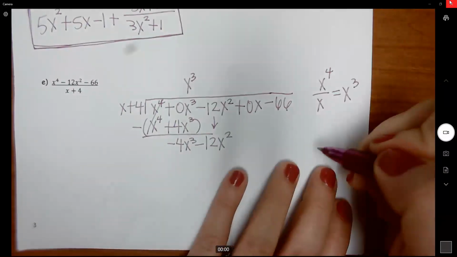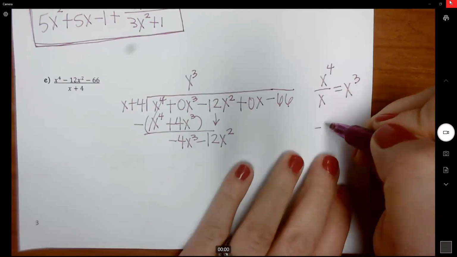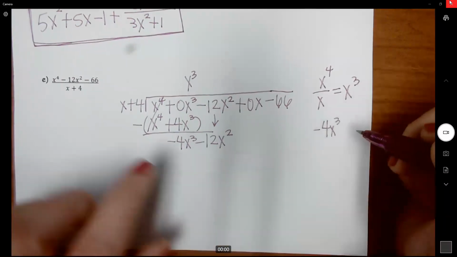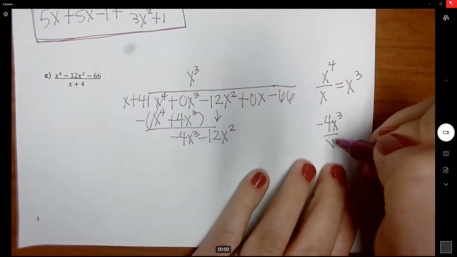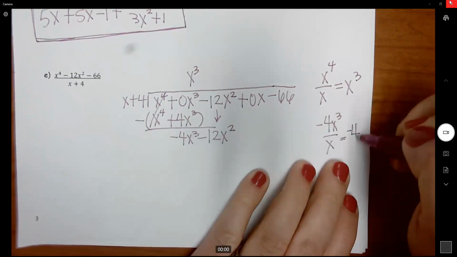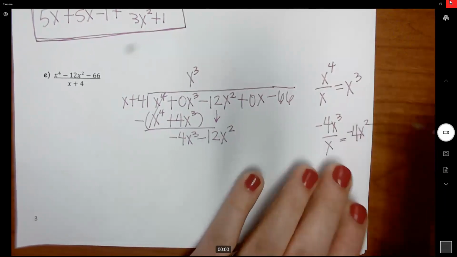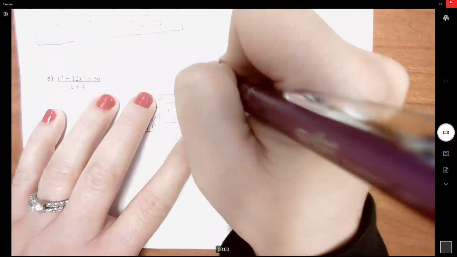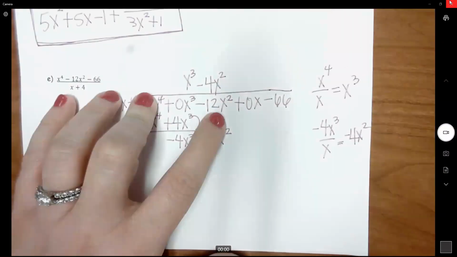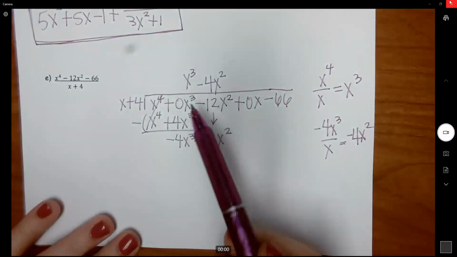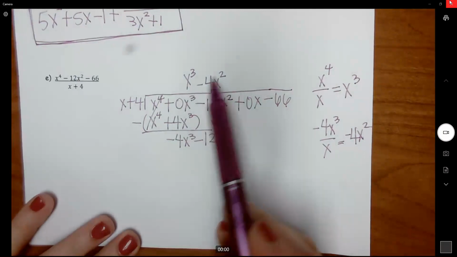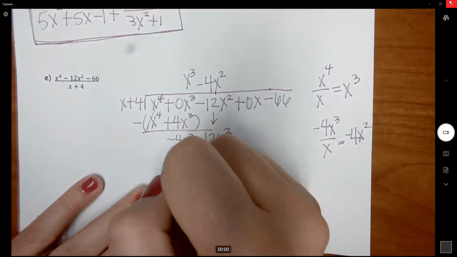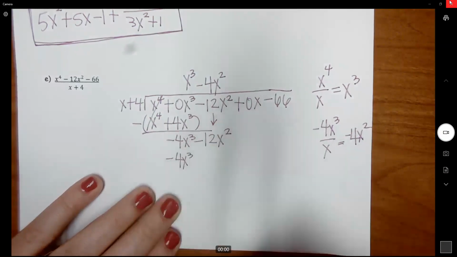and repeat. First term divided by first term. That's going to give me negative 4x squared. I'm going to put that above my x squareds here and distribute. Negative 4x squared times x is negative 4x cubed, which is below my cubes.